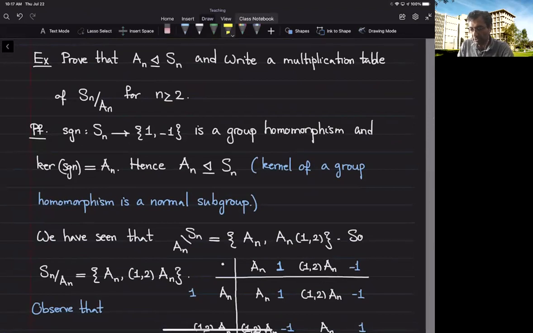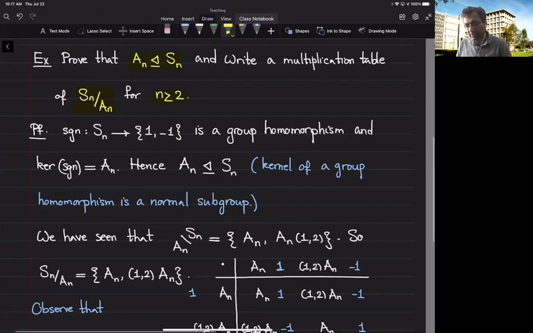We want to show the alternating group is a normal subgroup of the symmetric group, and we want to understand the factor group or the quotient of S_n by A_n when n is at least 2. Otherwise, S_1 has only one element. That's not interesting. So when I say I want to write down the multiplication table, I'm essentially telling you that I want to understand the group structure of this group.